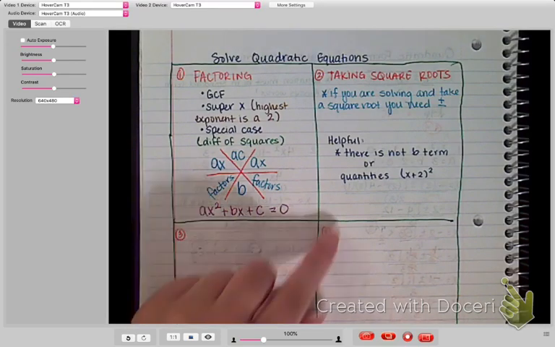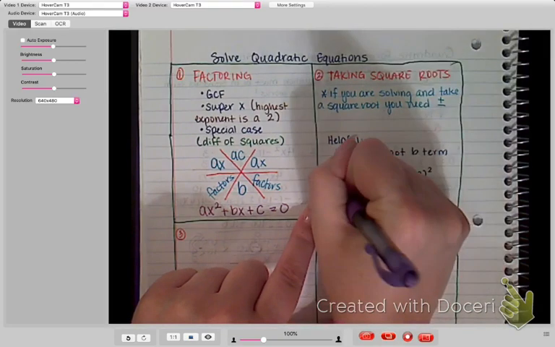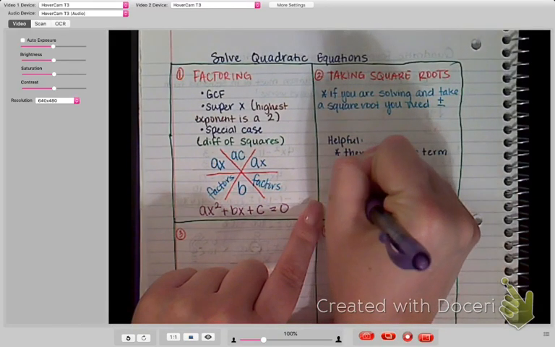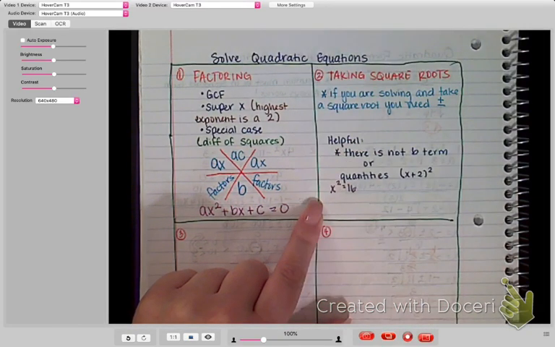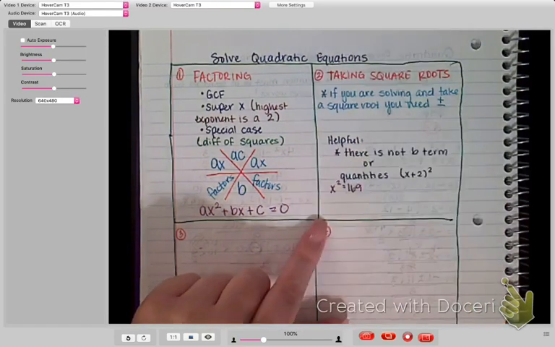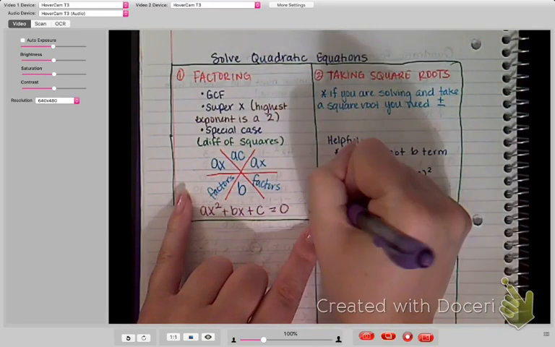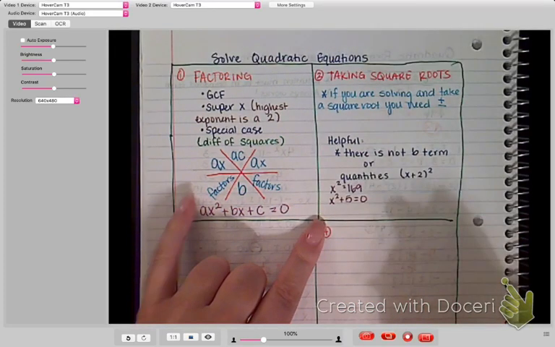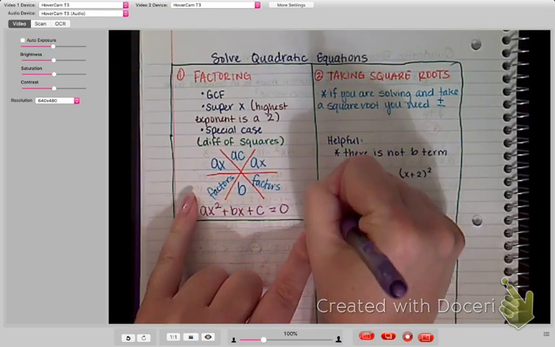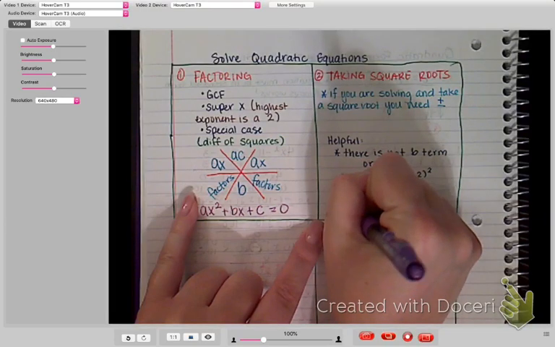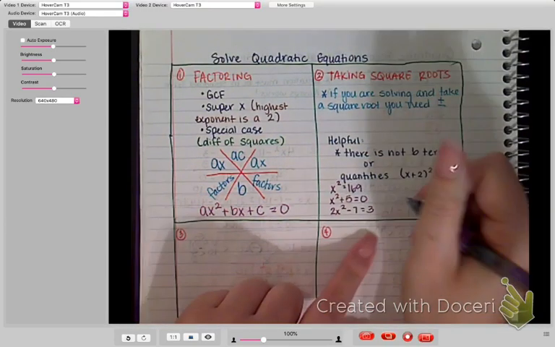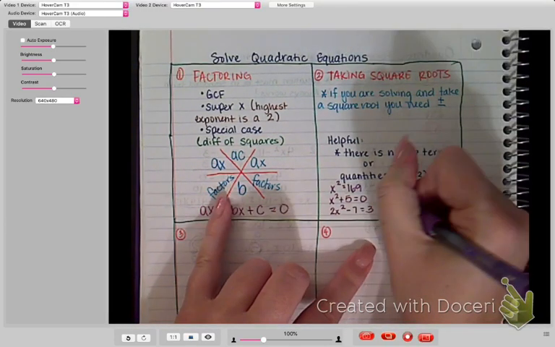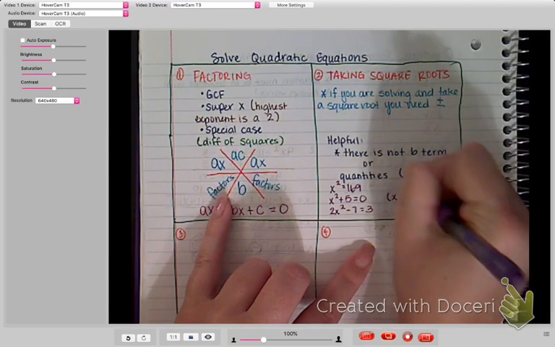Let me just give you a couple of examples. Maybe something like x squared equals 169. x squared plus 5 equals 0. 2x squared minus 7 equals 3, or x plus 1 squared equals 15.